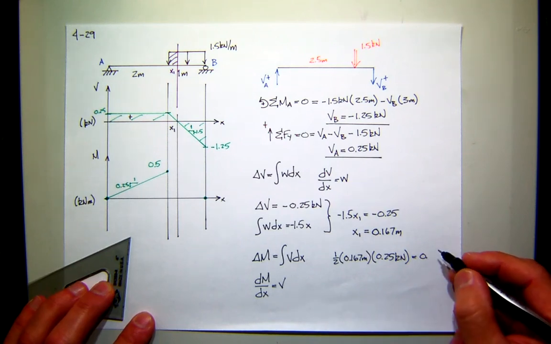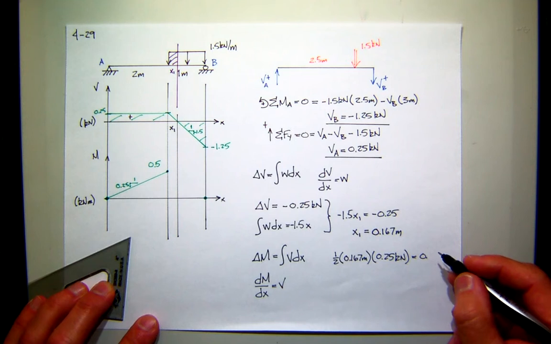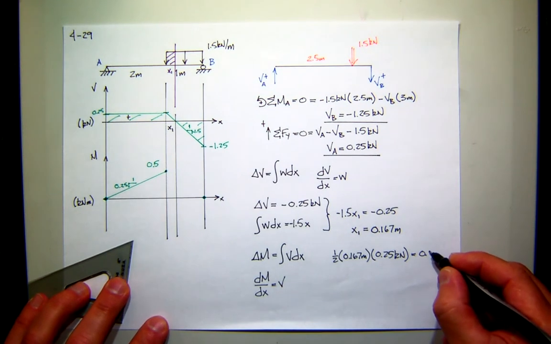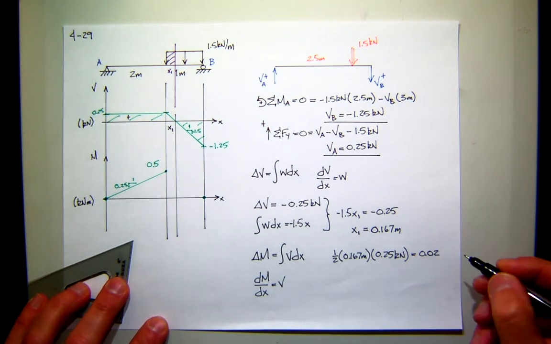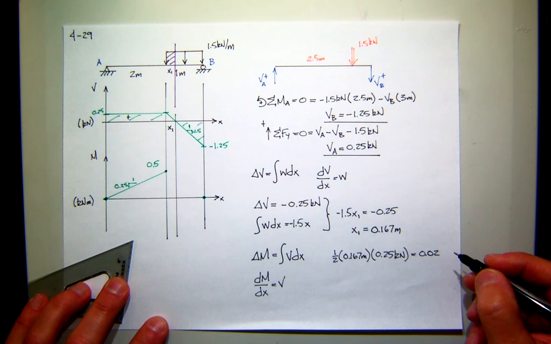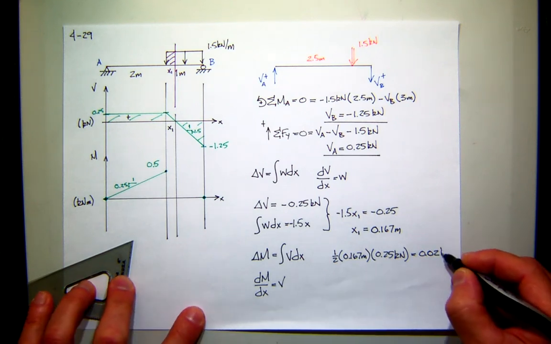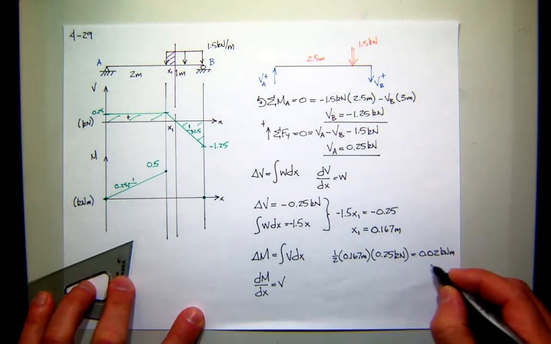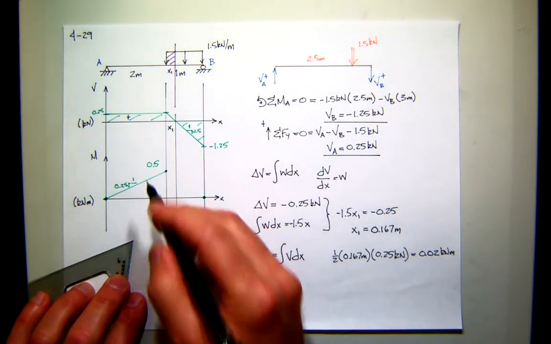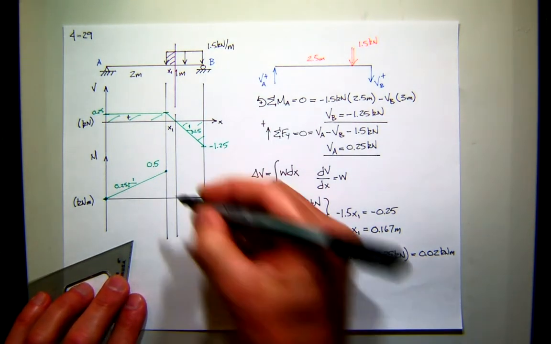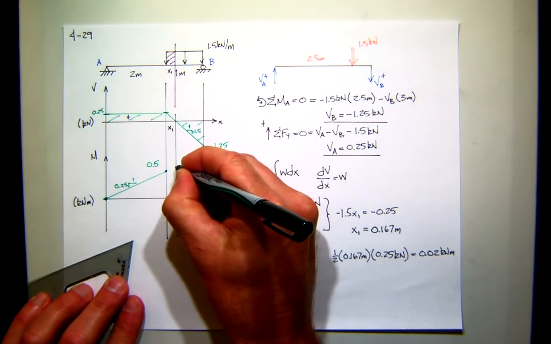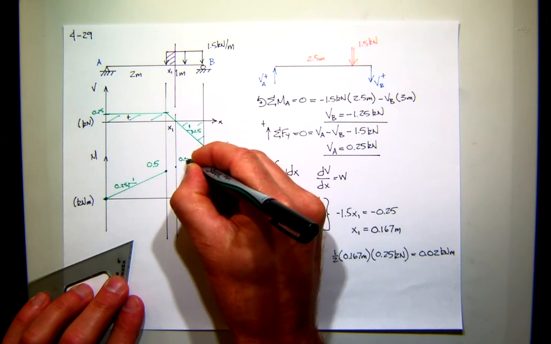Anybody else get that? 0.02. Exactly? Okay, that's close enough then. And it is positive, so you're going to add that to 0.5, so that should get you to 0.52.